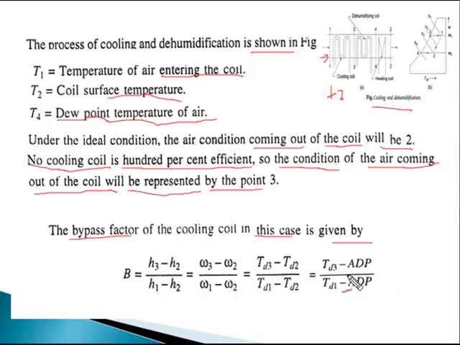In terms of apparatus dew point temperature, it is TD3 minus ADP divided by TD1 minus ADP, where TD3 is the dry bulb temperature at point 3, TD2 is the dry bulb temperature at point 2, and TD1 is the dry bulb temperature at point 1.